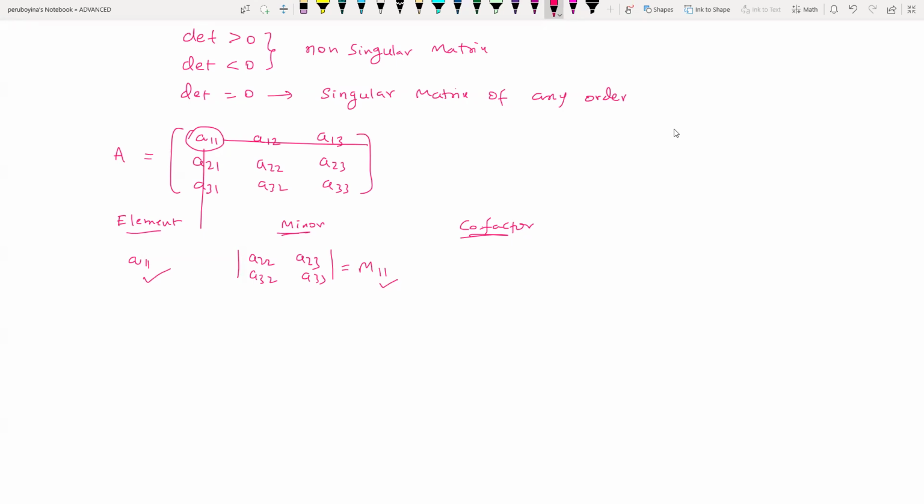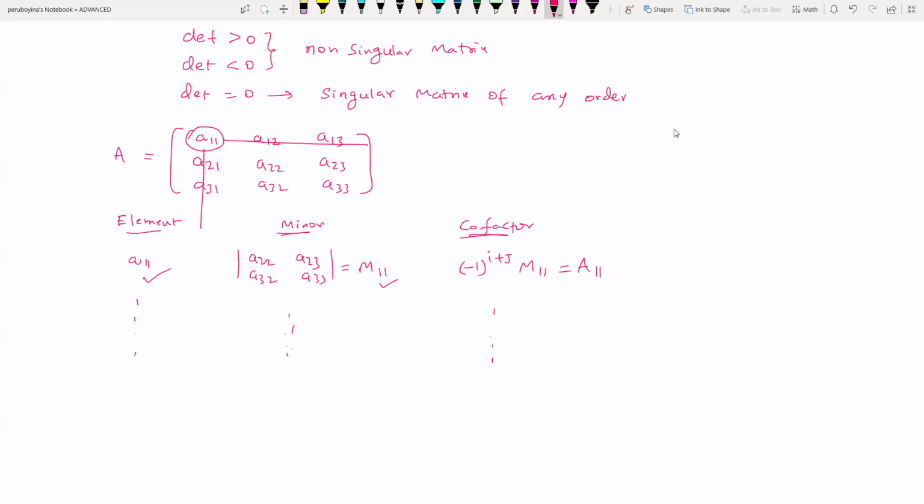And its cofactor is nothing but minus 1 to the power of i plus j. What is i and what is j? Here, for 1, 1, the i value is 1 and the j value is 1, times M11. That is the cofactor, and it is indicated with capital A11. In the same way, you can calculate the minors and cofactors of the remaining elements.